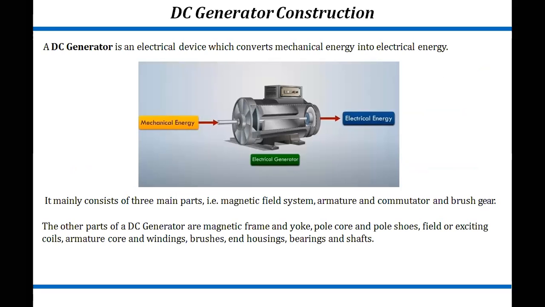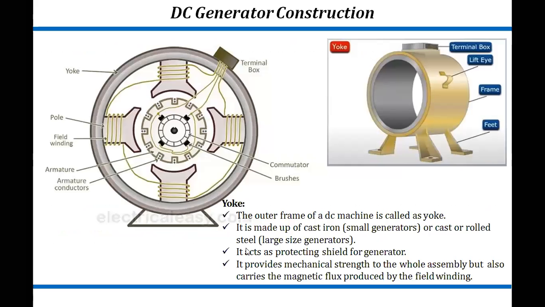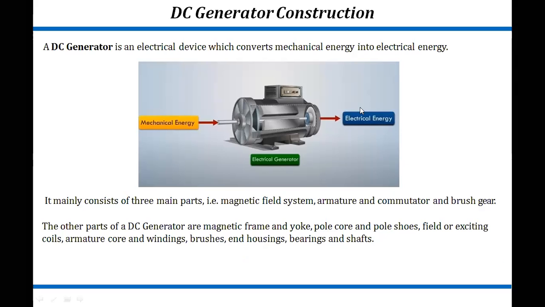We use mechanical energy as input, and the device generates energy in the form of electrical energy. So we can say the DC generator is an electromechanical converter which uses mechanical energy and gives us electrical energy. We can call this device a DC generator, or an electrical generator.